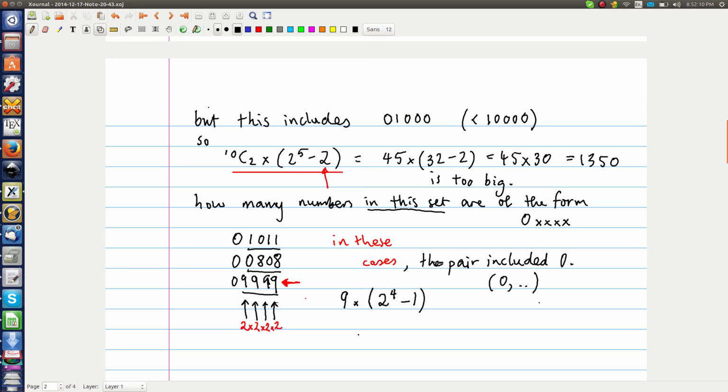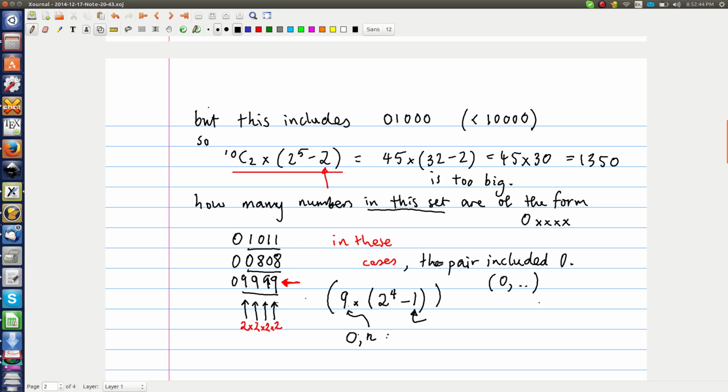So the case that we are subtracting here, maybe it's not obvious from what I've said so far. So maybe it's a good little puzzle for you. Why am I subtracting 1 here? Well, the answer is, if you consider that this formula is accounting for all cases where we've got a pair of numbers, 0 and another number, let's say n. And so the n refers to the 9 there.